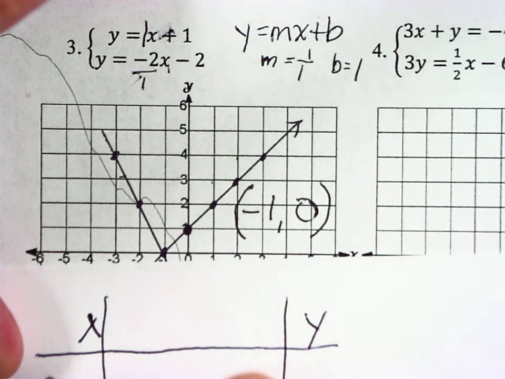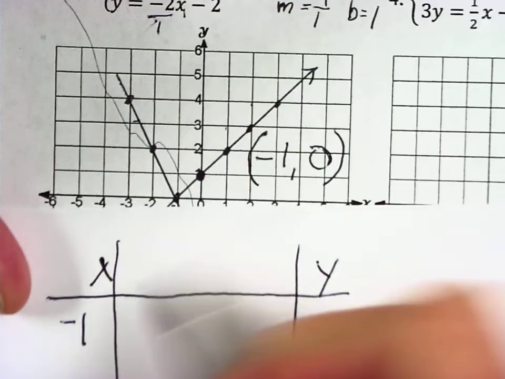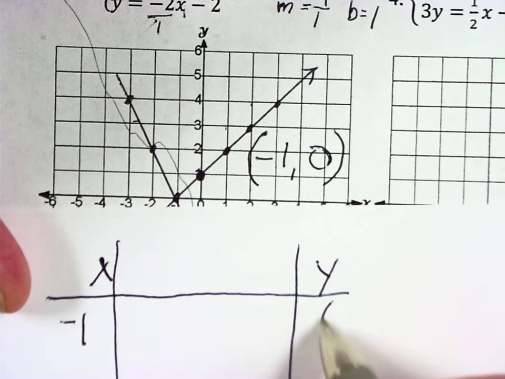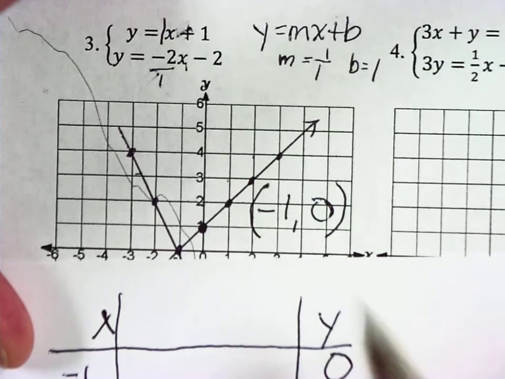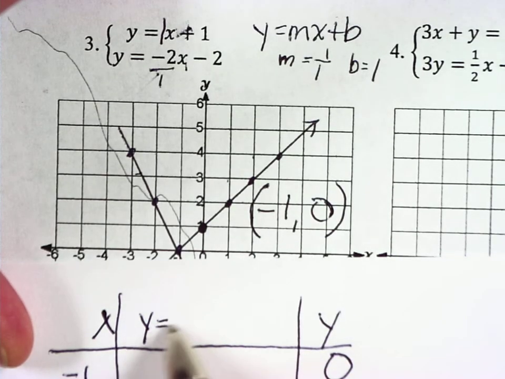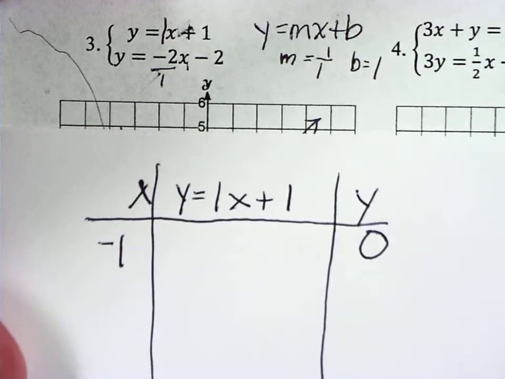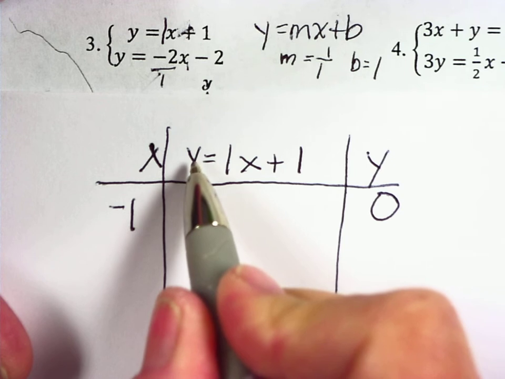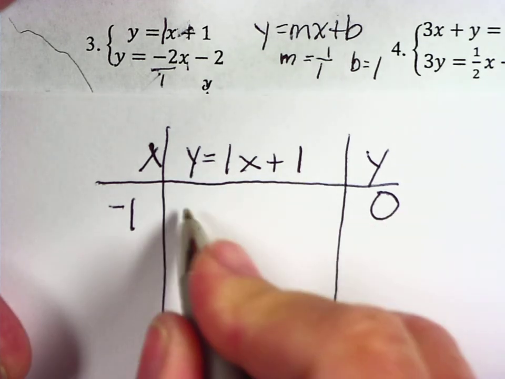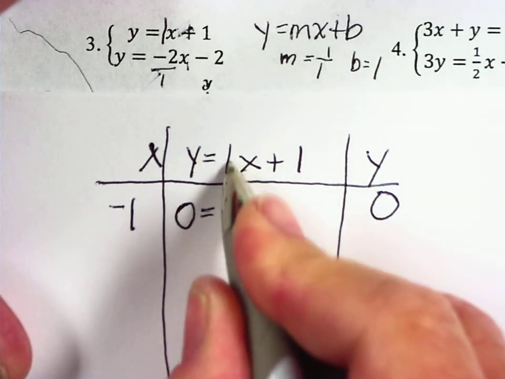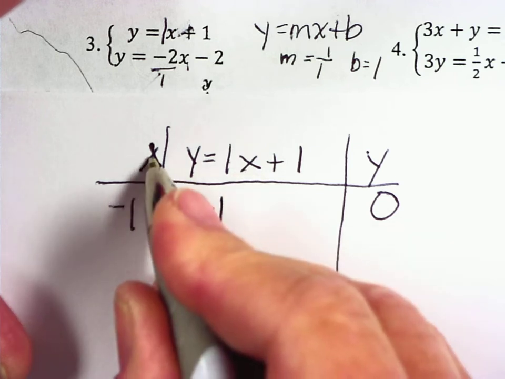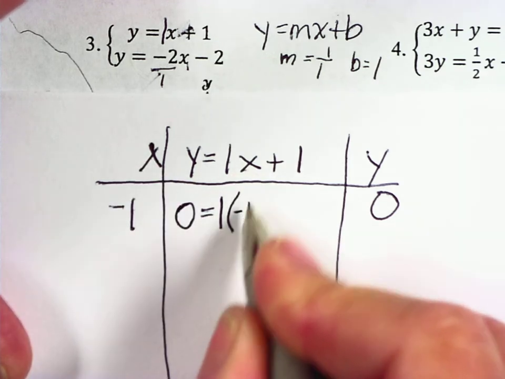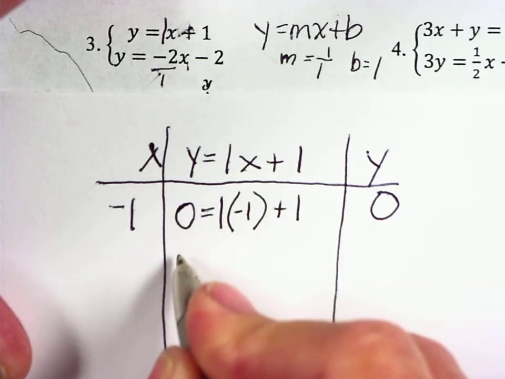So x is -1, y is 0, and my first equation is y equals 1x plus 1. I'm going to plug in my x and y values. So y, be careful, y is 0. 1 times x, x is -1, plus 1.